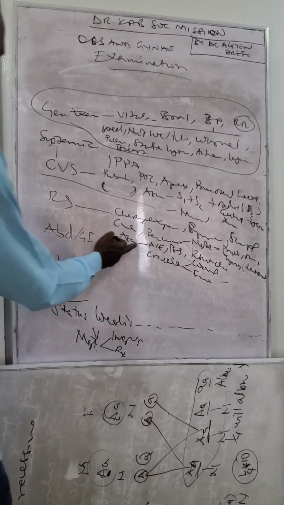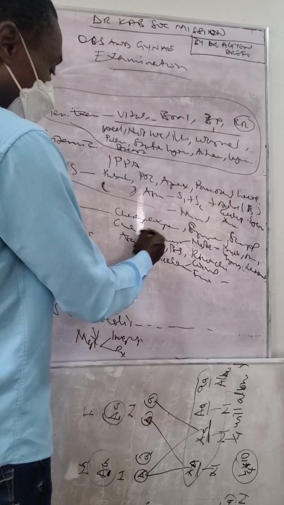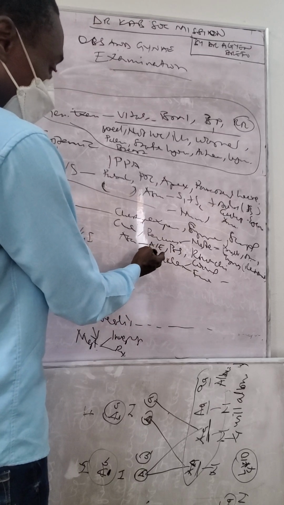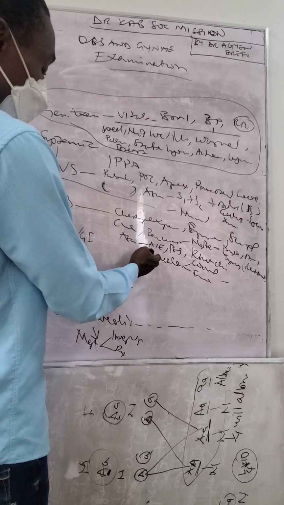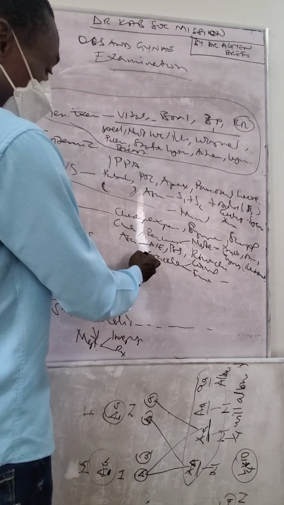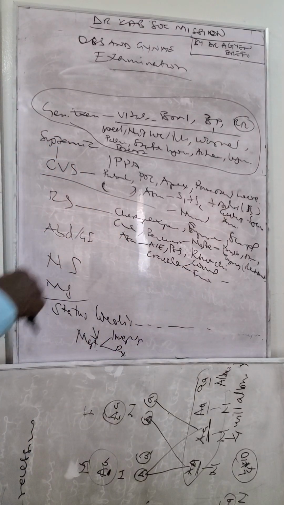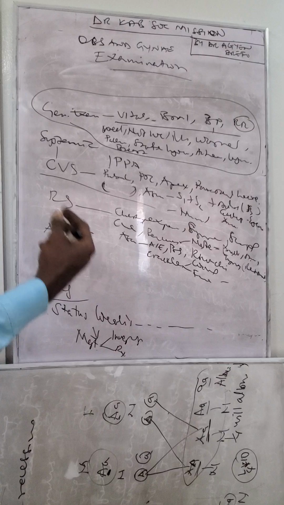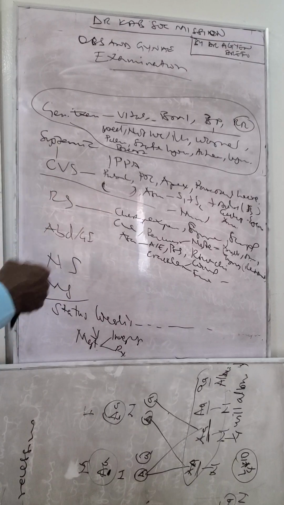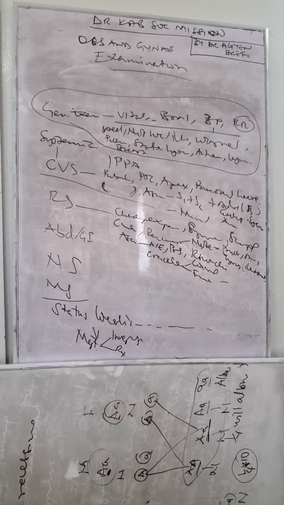So under auscultation, you have your air entry, adequate or not adequate, bilateral or not bilateral, breath sound, vesicular or non-vesicular. Okay. Then you come to the added sounds. Are there crackles? Is it coarse or fine? Okay. Then you come to your rhonchi, the other things that you want to look at. Okay. Is there rhonchi or wheezes that the patient will hear, actually the patient wheezing, or you use your stethoscope to hear the rhonchi. Okay. Right. So that is how it will be for respiratory.